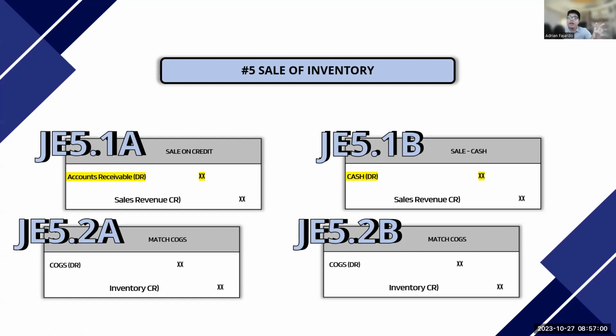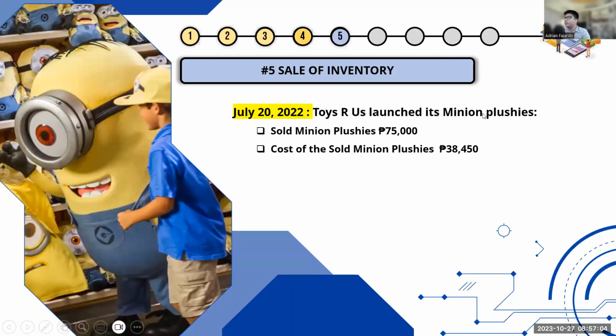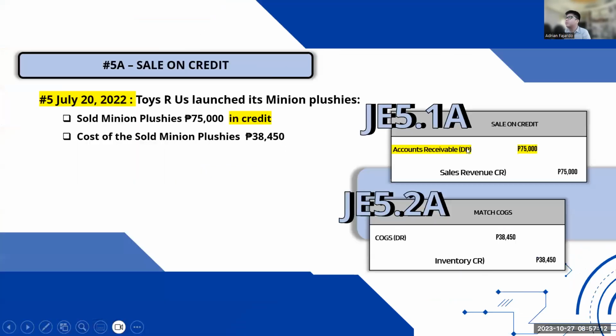One to recognize the revenue, another is to recognize the expense that's related to it. So, pare, ito, ang revenue mo is 75,000 and then yung cost of that inventory that you sold is 38,450. Dalawa yung journal entry mo. Debit AR, credit sales, 75,000. Debit COGS, credit inventory, 38,450.